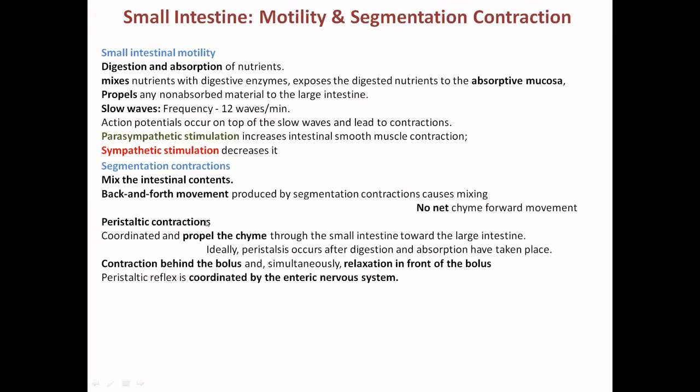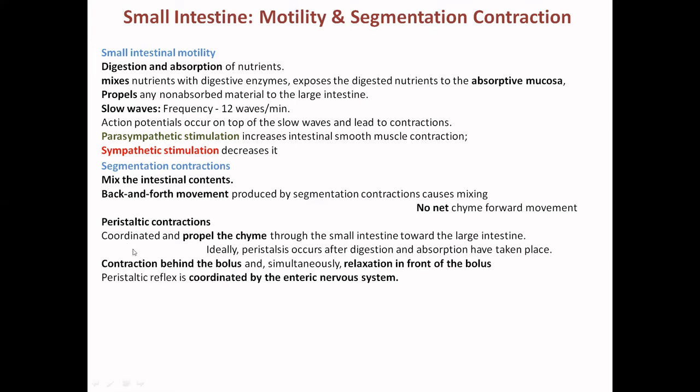Then there is the peristaltic contraction. It is a coordinated movement: behind the food bolus or chyme, there is a contraction, increased pressure, and in front of the bolus, there is relaxation of the smooth muscles, so that it will move toward the caudal region, toward the anus.